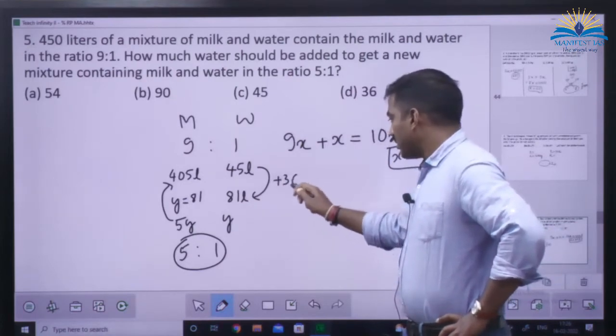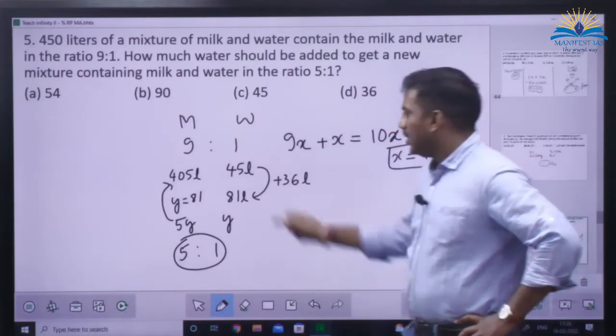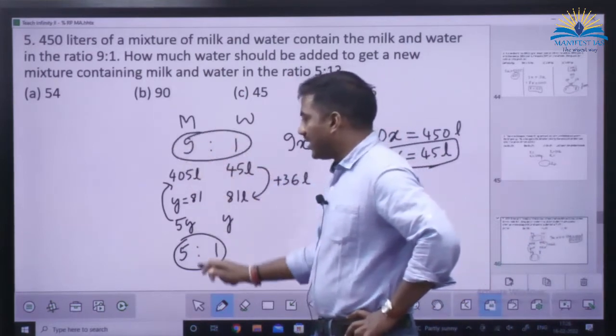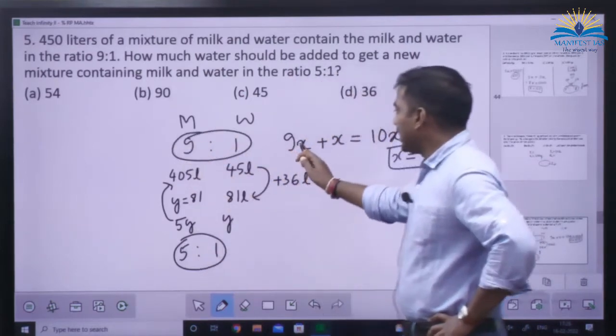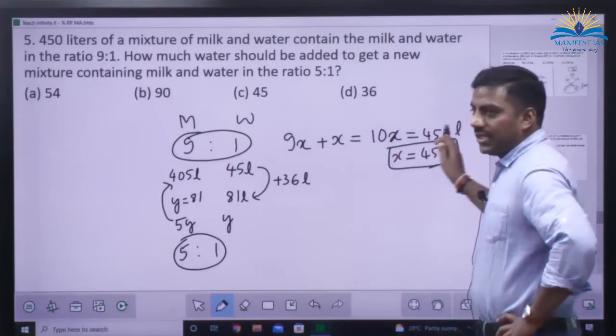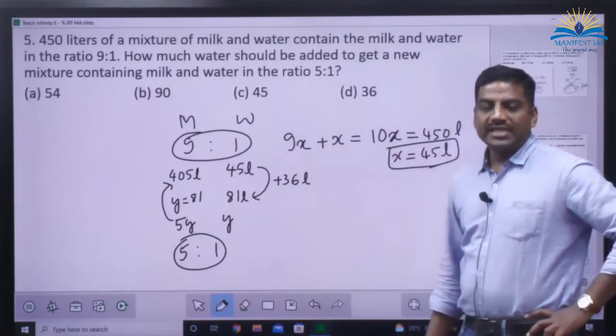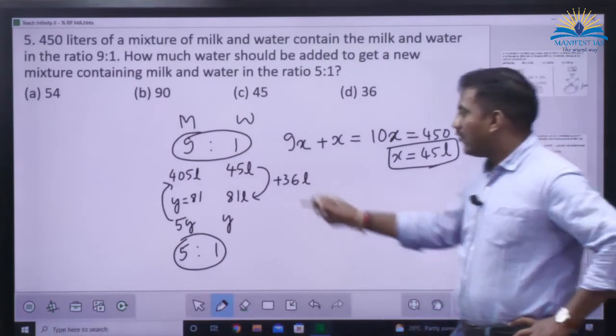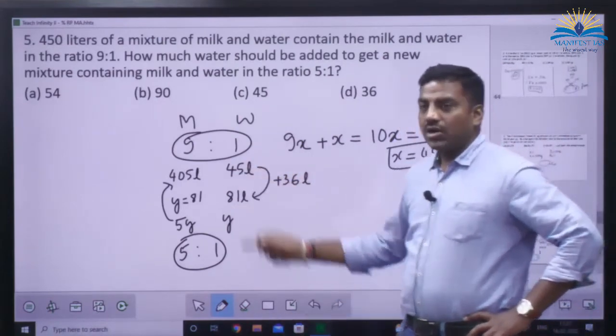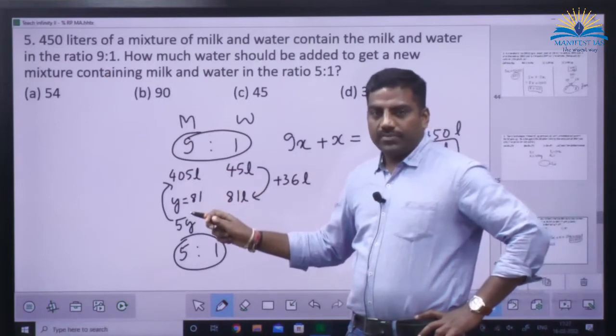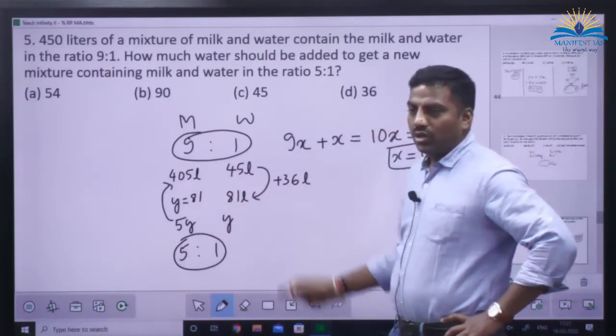I have to add 36 liters. This is the initial ratio and this is the final ratio. We took 9x plus x is equal to 10x is equal to 450 liters. x is equal to 45 liters and 9x is equal to 405 liters. We are not touching milk. We are touching only water.